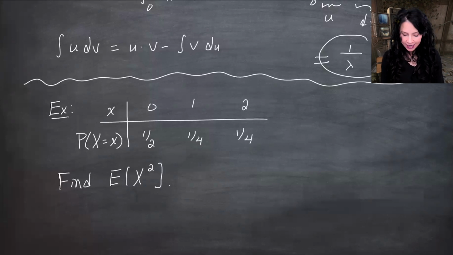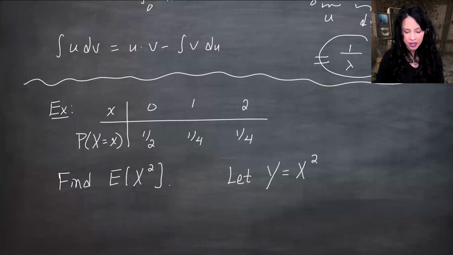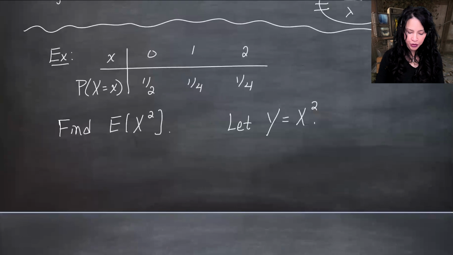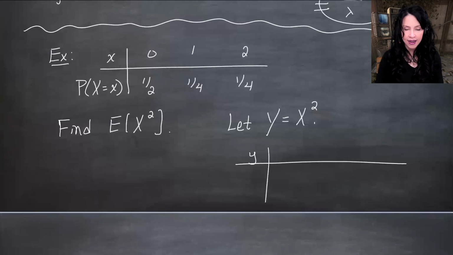One option is just to treat this as a new random variable. You can let a new random variable, capital Y, be x squared, and you can write down the distribution for y. So y is going to take on 3 different values: 0 squared, which is 0, 1 squared, which is 1, and 2 squared, which is 4.